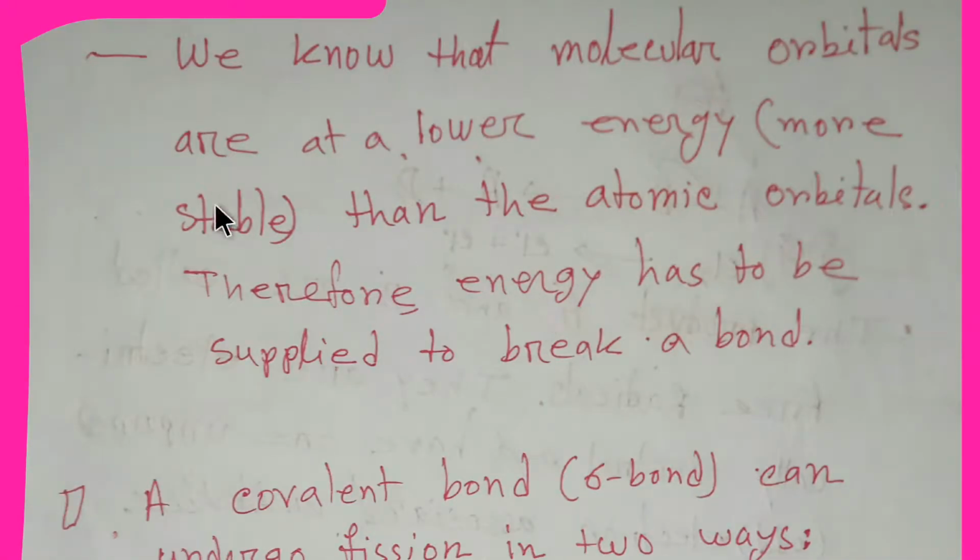Well, the answer is here. We know that molecular orbitals in a molecule are at lower energy, that is, more stable, than the atomic orbitals, right?